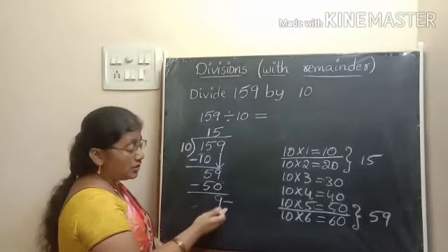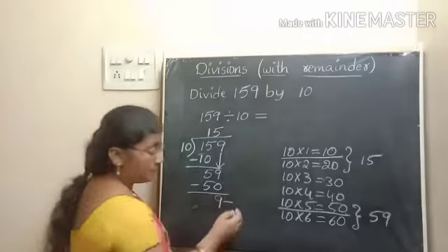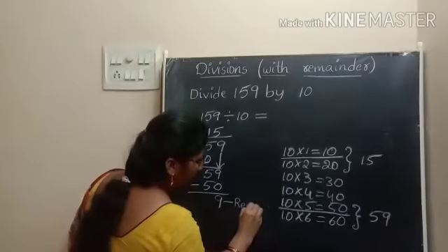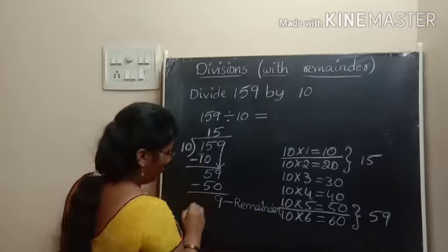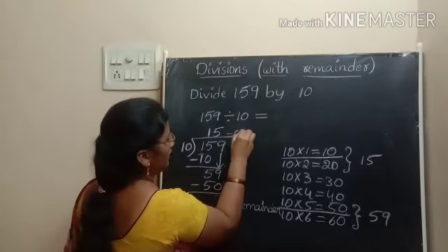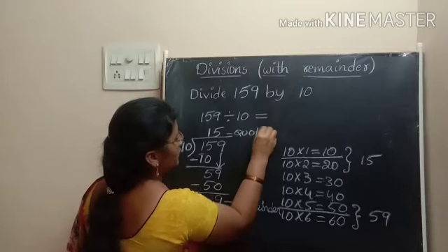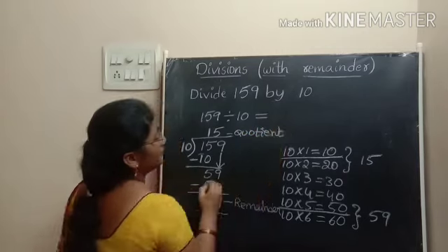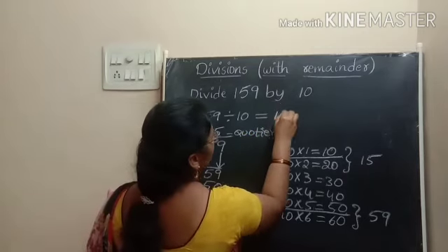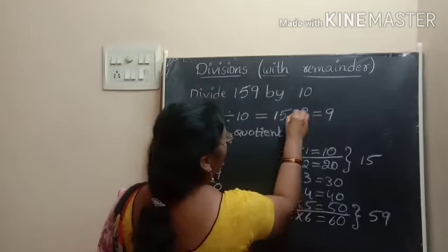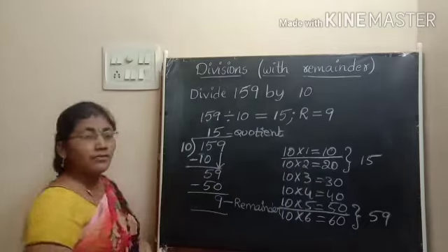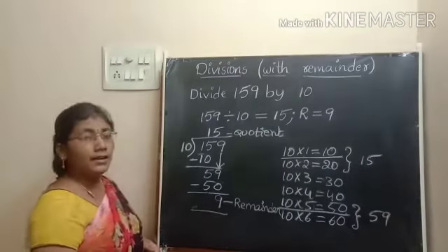That's why just leave it as remainder. This is the remainder. And our coefficient is 15. This is the coefficient. So the answer is 15 with remainder 9.